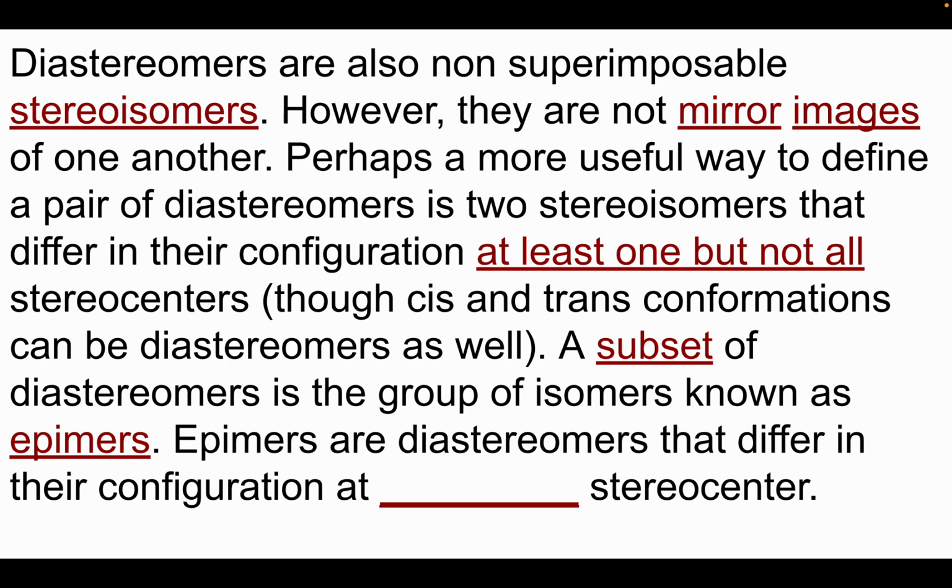And so a subset is a list that's contained in a larger list. So like if you think about the list of all rectangles, well, a square is a rectangle. So the list of all squares would be a subset of the list of all rectangles.